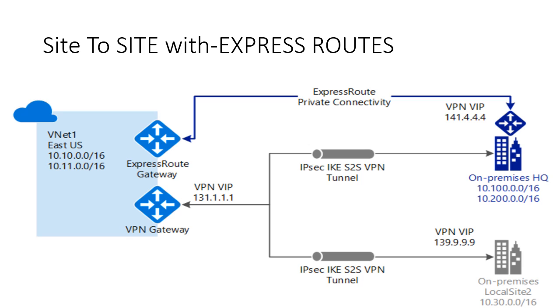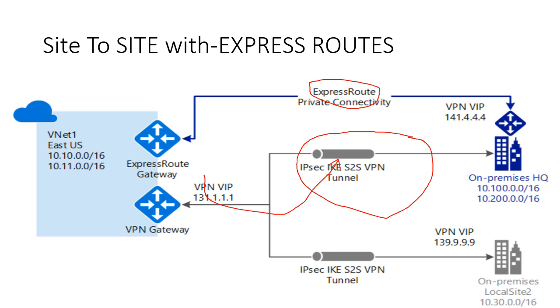Suppose there is a circuit failure on your ExpressRoute, then your traffic from your virtual network on Azure or vice versa will traverse through this tunnel. So it can be used as a backup for your ExpressRoute.